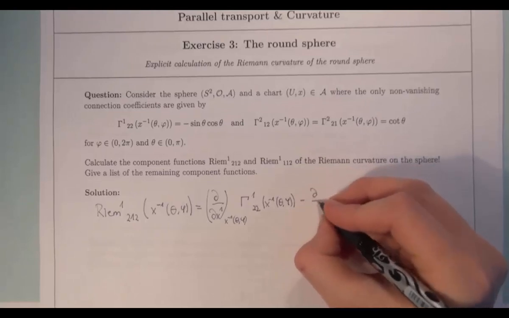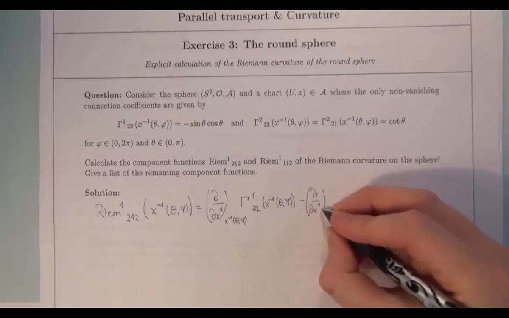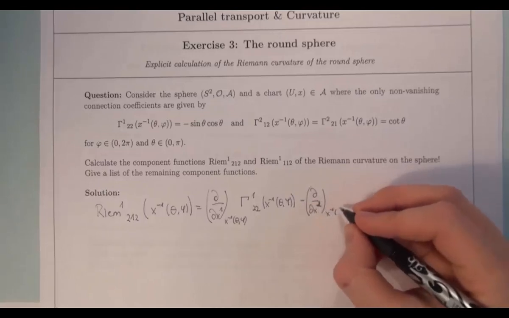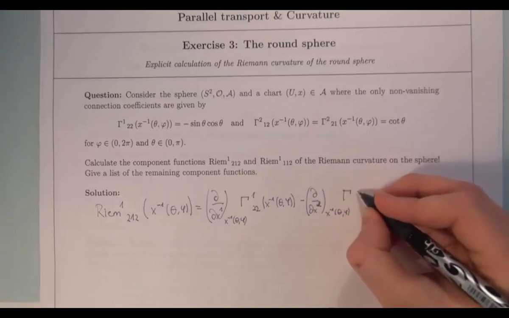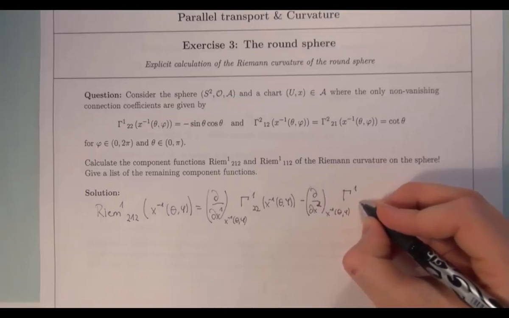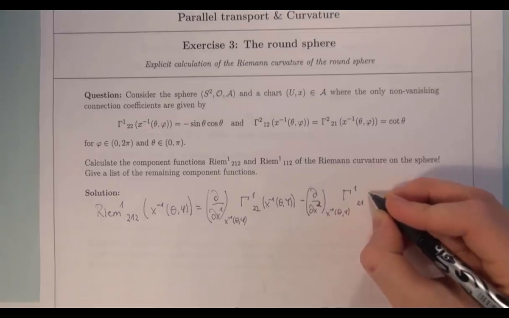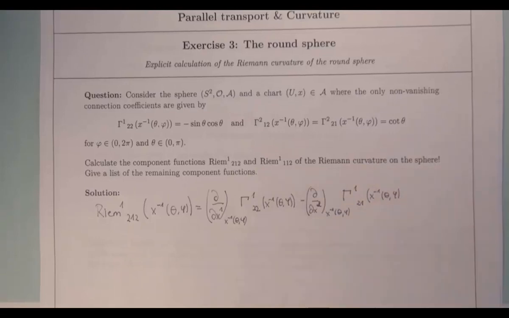We get minus del x2, of course, and we get that this is gamma 1, 2, 1, also of x inverse of theta and phi.